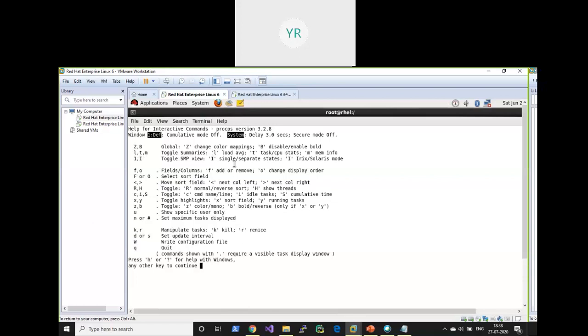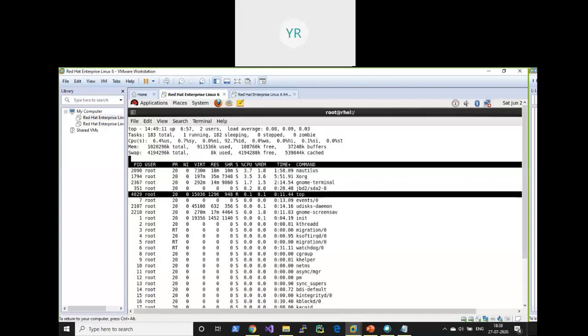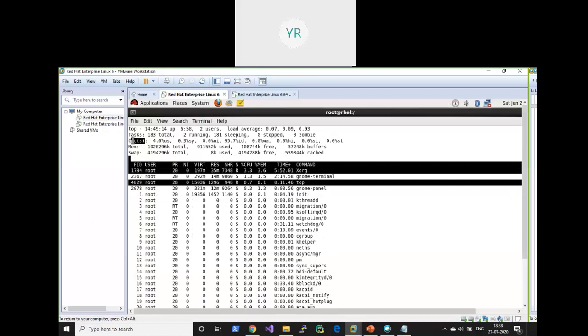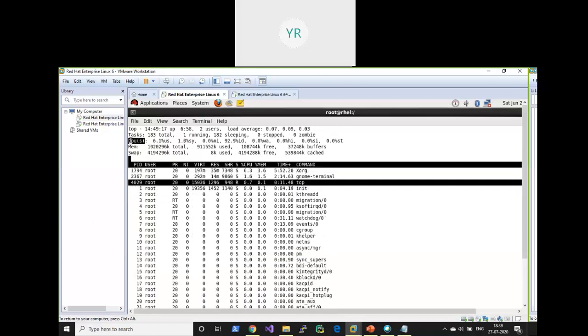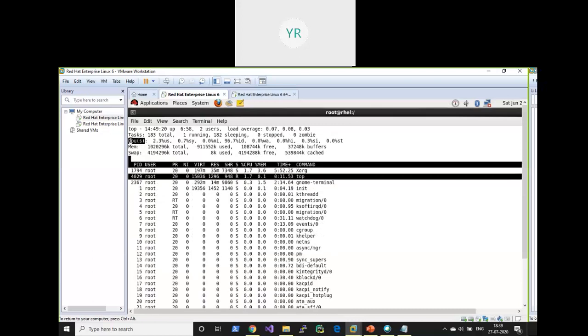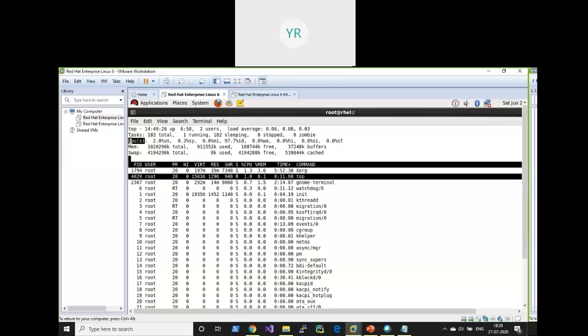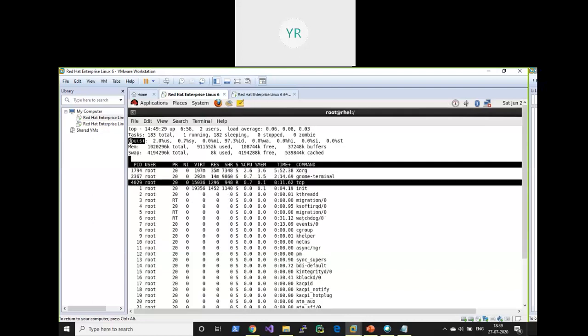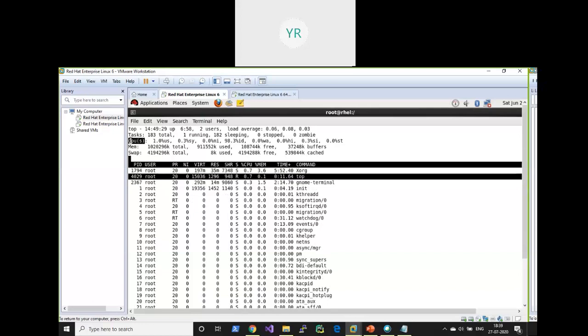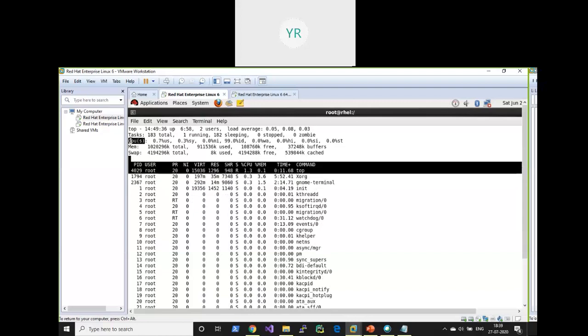I will show you. Look here, closely observe these CPUs. The option is CPUs, meaning you can have more number of CPUs. Here I have only one CPU, but in real time you can have more CPUs on a server, like 8, 4, 32 CPUs, which gives good performance. The load average here is for all the CPUs.